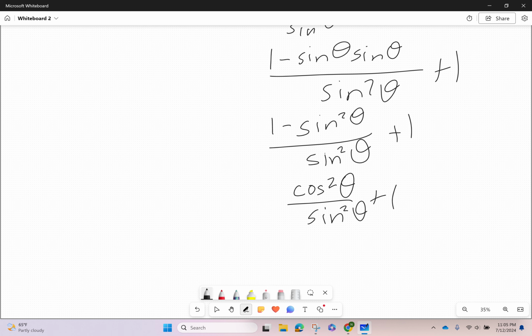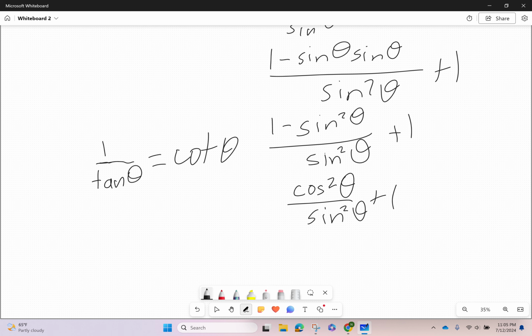Now, earlier, we had sine squared over cosine squared theta. Now we have cosine squared theta over sine squared theta. This is just the reciprocal of tangent, right? Because instead of it's sine over cosine, it's cosine over sine. It's just the reciprocal. And what is the reciprocal of tangent? The reciprocal of tangent is cotangent.